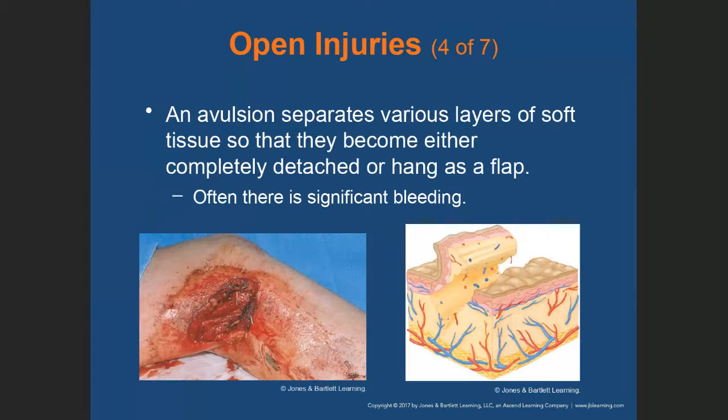An avulsion separates various layers of the soft tissue so that they become either completely detached or hang as a flap. Often there is significant bleeding. So the deeper it goes into the dermis, the higher the risk for severe blood loss.